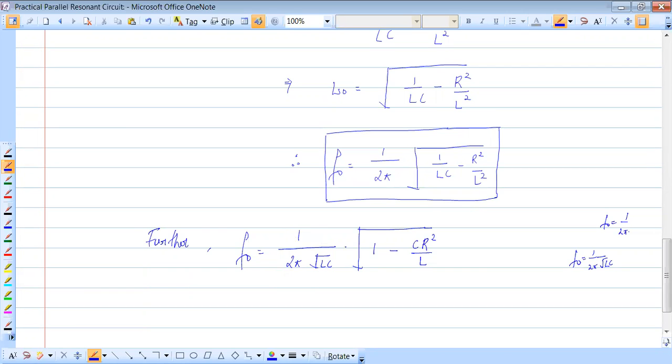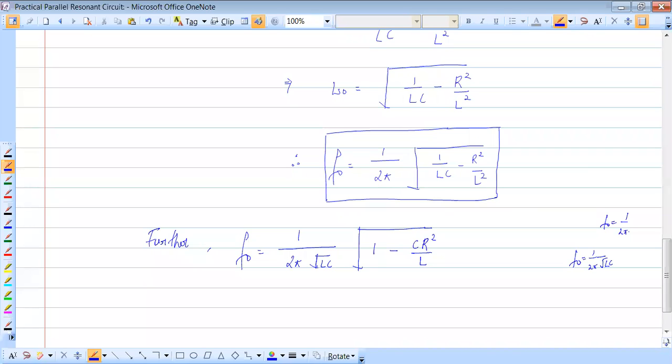But for practical parallel resonance, this extra term is coming. Understand? So I don't want to call this F naught now, because you should understand the circuit that we are going with. Now this circuit is entirely different. It's a practical parallel resonance circuit. For the practical parallel resonance circuit, F naught is not just this, but this term would also come along with this, is what one needs to understand. Now, can you express this equation in terms of quality factor?